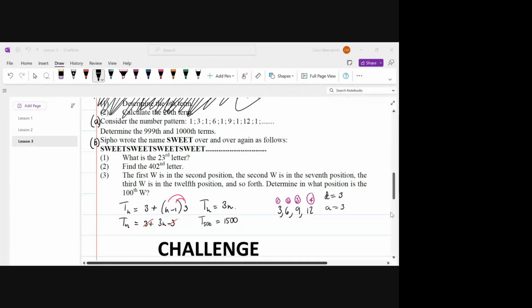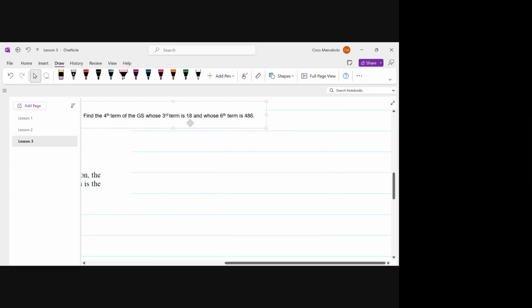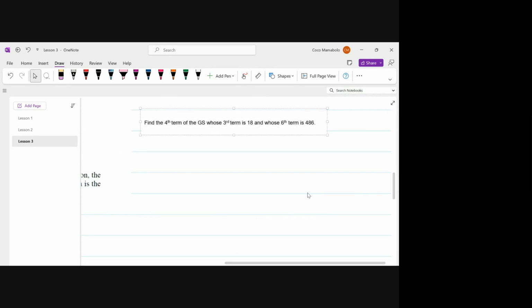Lovely. All right, so let's look at this question. I wonder how many of us remember how to answer this particular question. It says, find the fourth term of a geometric sequence whose third term is 18 and whose sixth term is 486. Anybody remember how we tackle such a question?